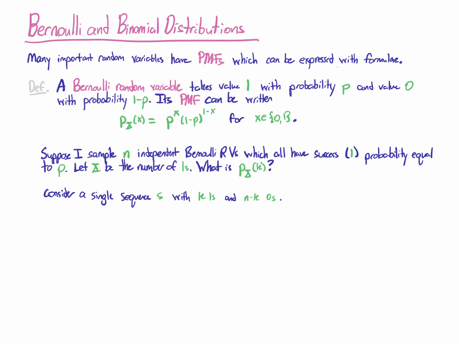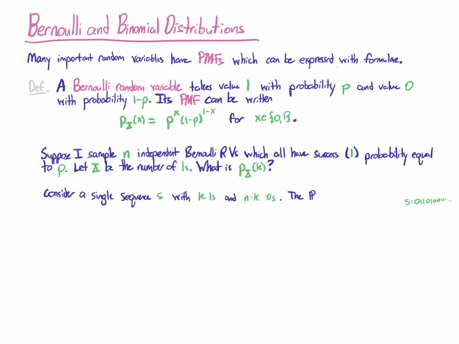You can visualize S, like S equals 0, 1, 1, 0, 1, 0, 0, 1, 1, 1. You can think about S as just a sequence of ones and zeros, and we're assuming it has exactly k ones and exactly n minus k zeros.